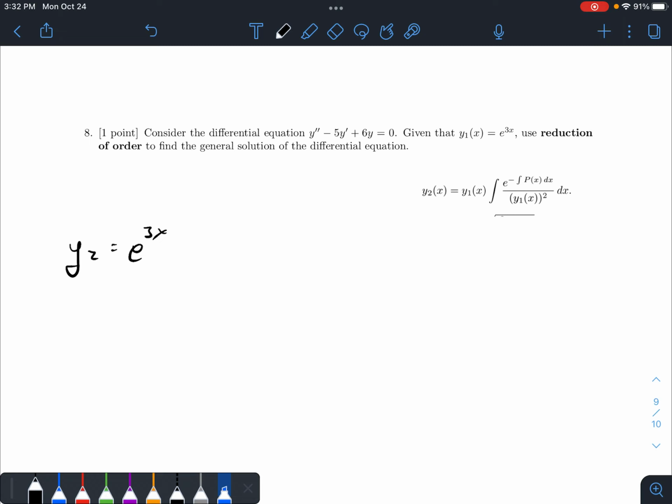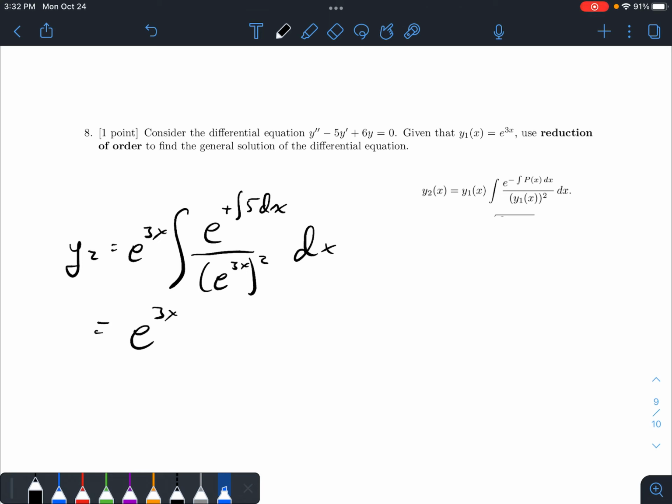So this is like a -5, so our p of x is -5. So y2 is equal to y1 times the integral of e to the negative p of x. y1 is e to the 3x. And then p of x is -5, so this becomes a +5, integrate with respect to x, over y1 squared. e to the 3x is our y1, and then we square it, dx.